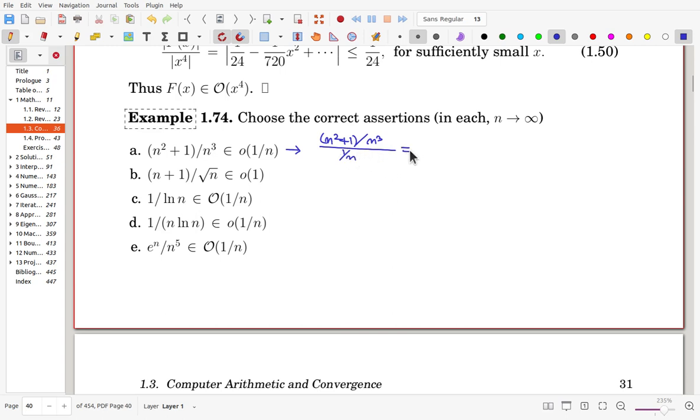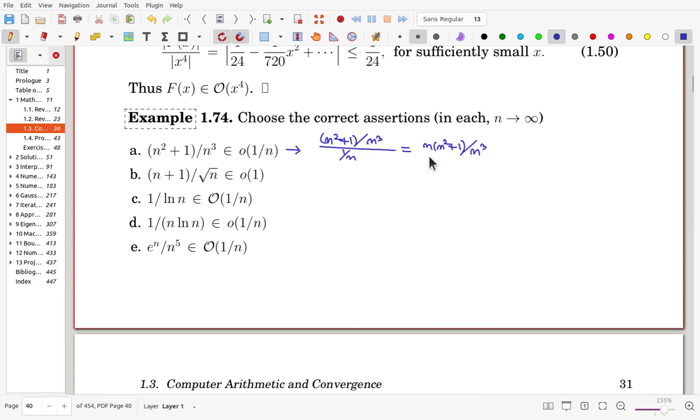If we rewrite, n can be multiplied over there, so we get n squared plus 1 over n cubed.